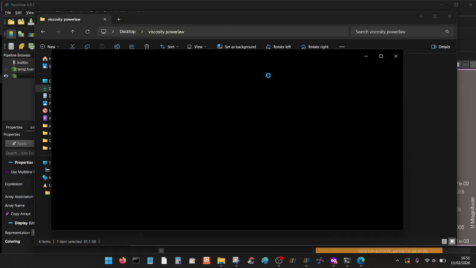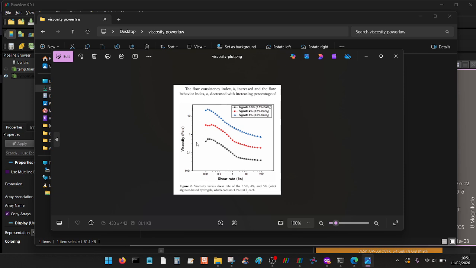Visually, the viscosity is related to the strain rate, and it's given here as the shear rate. So across a range of values, for 3 different hydrogels, you can see how the viscosity varies.